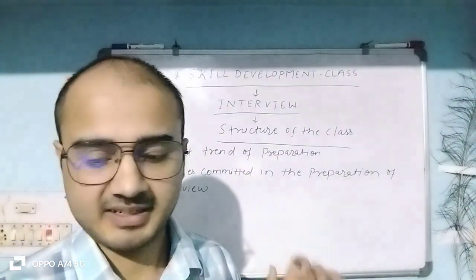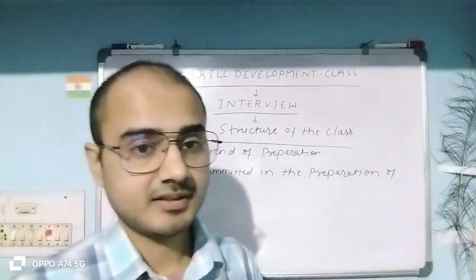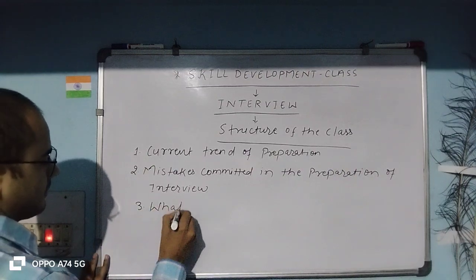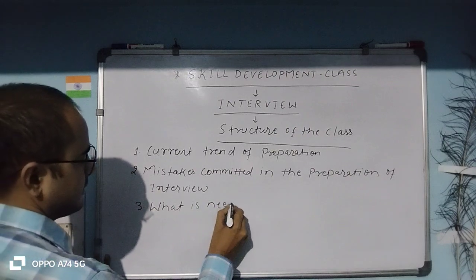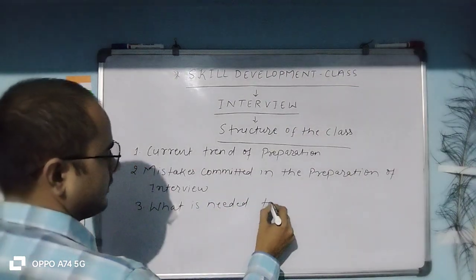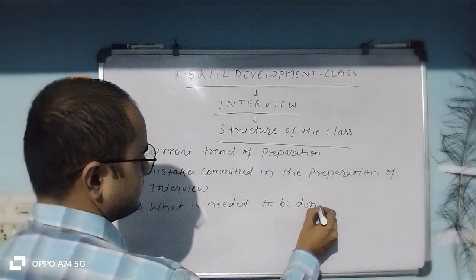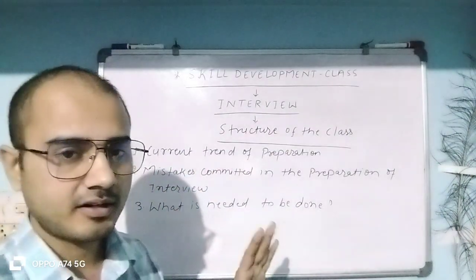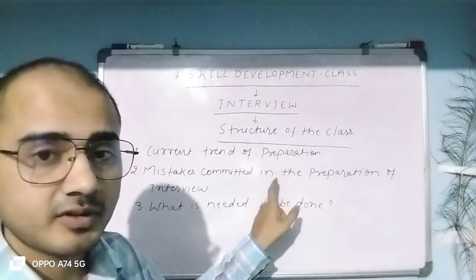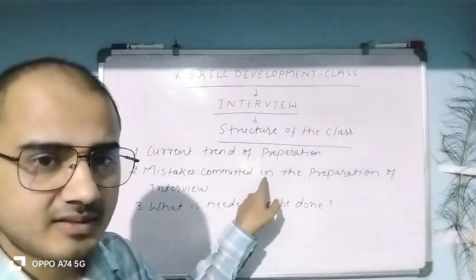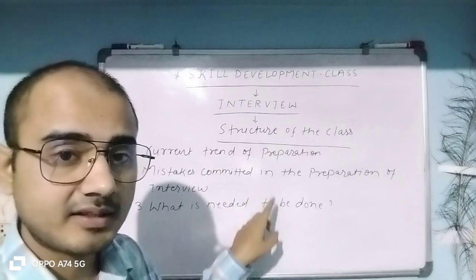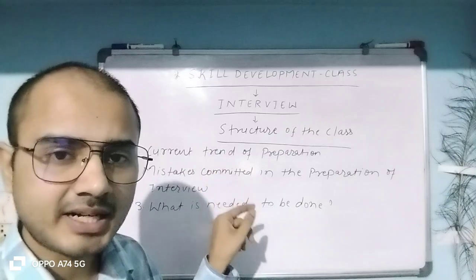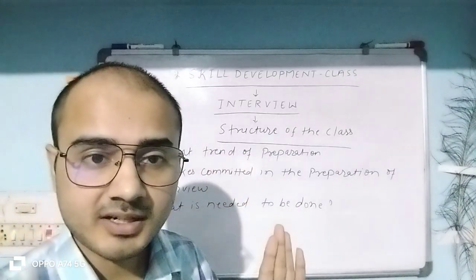Okay. Then the third point: what is needed to be done. If UPSC aspirants are committing mistakes at this stage, then at the second stage after this, we need to know what the right thing is, what is needed to be done.